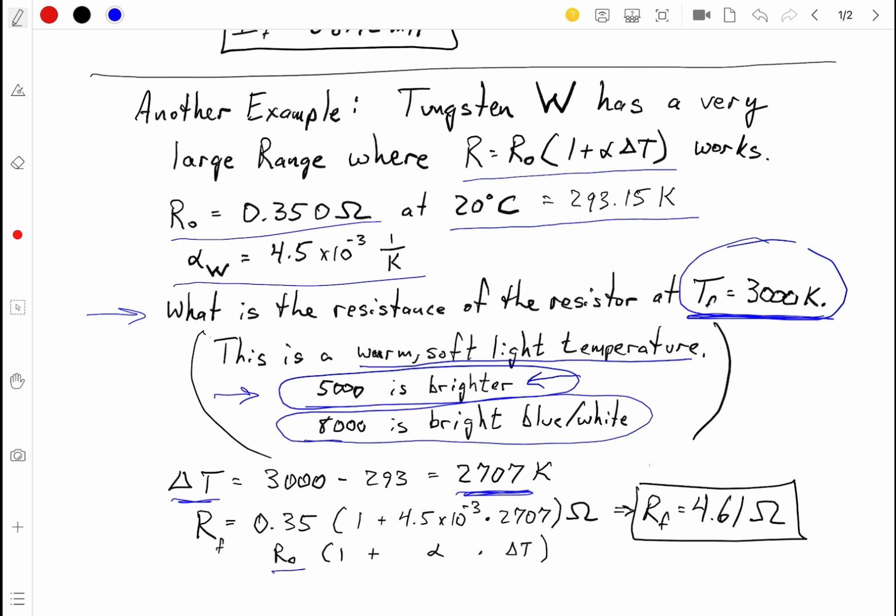So here's our R naught, here's our 1, here's our alpha, here's our delta T. We plug all that in, and in the end, our final resistance is 4.61 ohms. So that's quite a difference, right? From our initial of 0.35 ohms, that's where we started out. And now our tungsten has heated up quite a bit, and it has this 4.61 ohms.